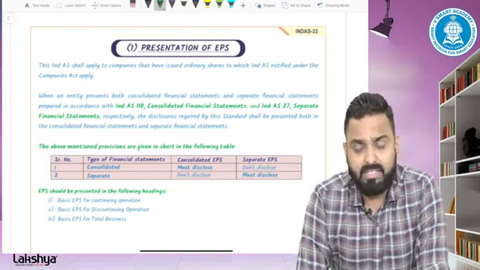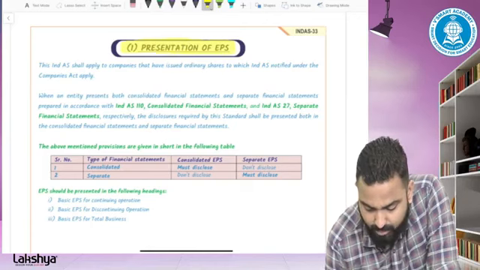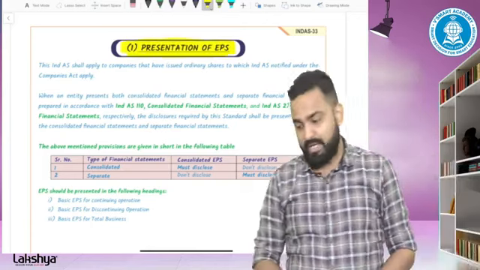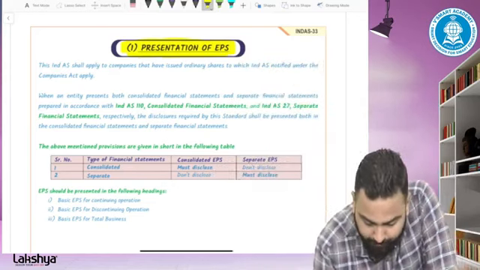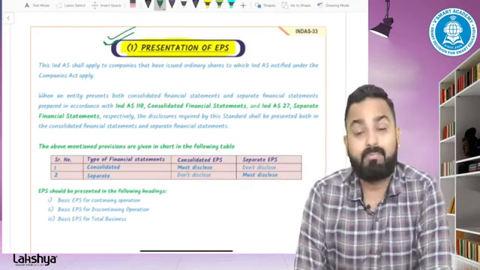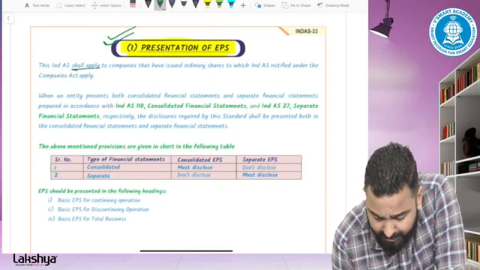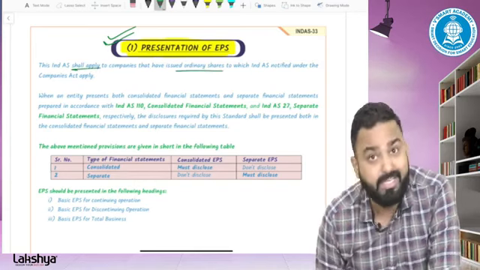Guys, first of all, let us understand the presentation part, the presentation of EPS. This Ind AS shall apply to companies that have issued ordinary shares.